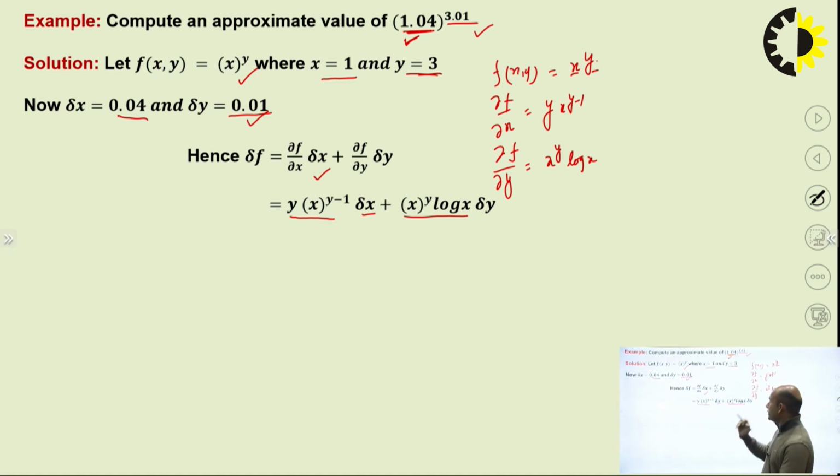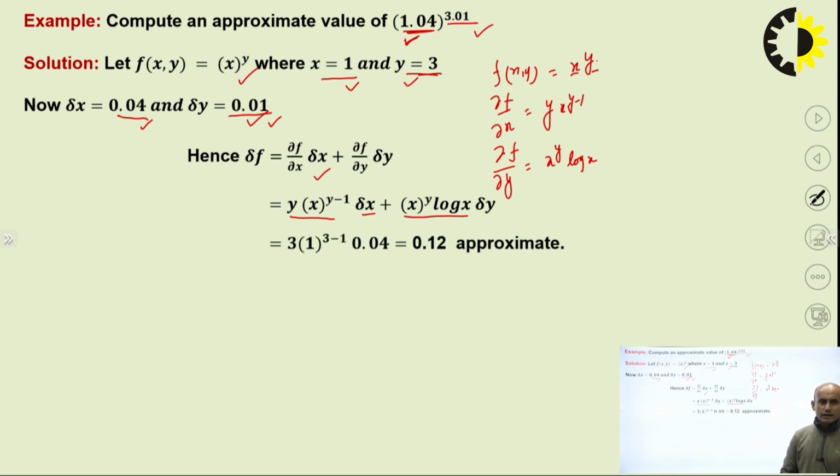Now first we have to find the value of delta f. Since we have x as 1, y as 3, delta x as 0.04 and delta y as 0.01, we get delta f, which is 3 into 1 raised to 3 minus 1 and 0.04. And since we have logarithm of x, and x is 1 here, logarithm of 1 will be 0.